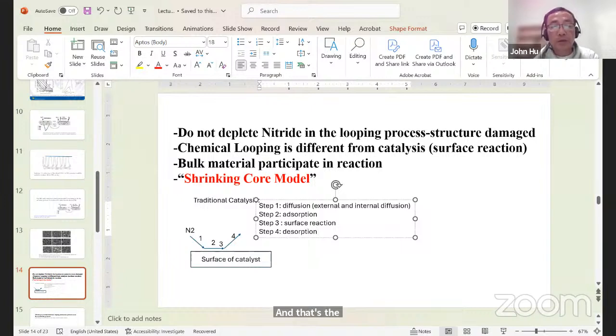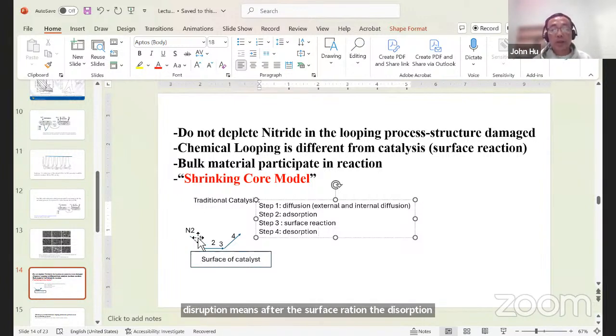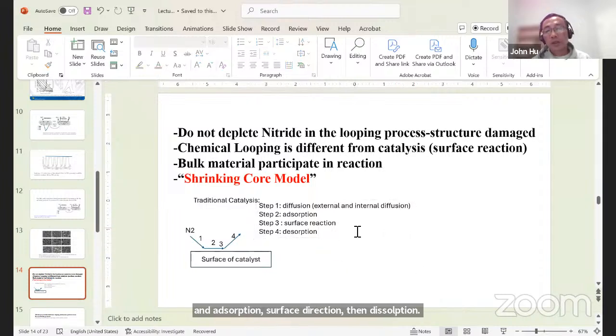Desorption means after the surface reaction, it disappears and goes to the gas phase. So in this traditional process, N2 diffuses to the surface, and then adsorption, surface reaction, then desorption. If you read any literature, it will tell you these steps.